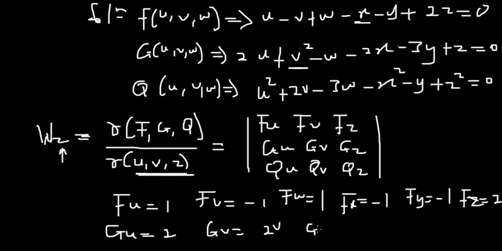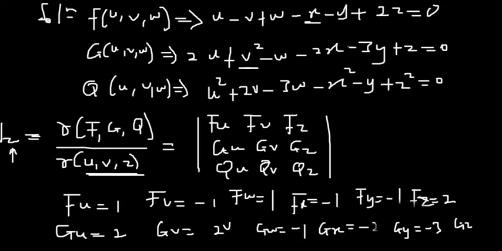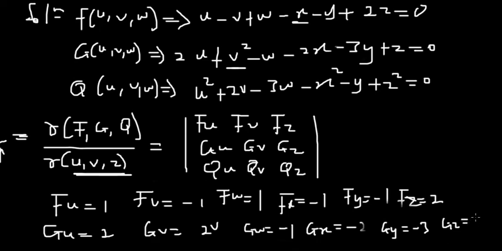So g of w will give us -1. g of x, okay, will give us -2, okay? g of y will give us -3, and then g of z, okay? g of z will just give us, from here, we won't get anything from here, okay? This is z, sorry, this is z, so we get 1, okay?